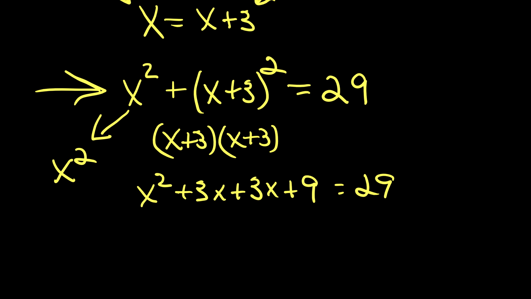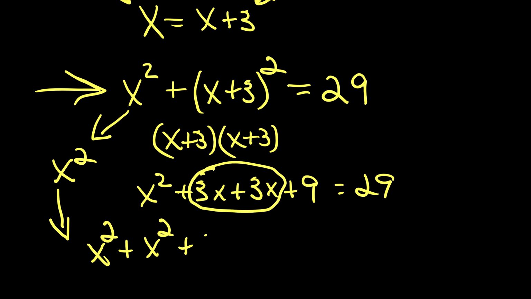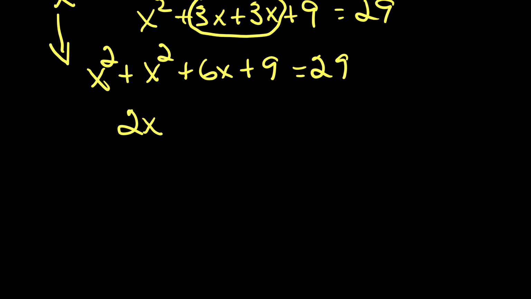Combine my like terms, and I'm going to have this x squared I'll bring down here, plus this x squared, plus 3x and 3x, well, that gives us 6x plus 9 equals 29. Combine my like terms up here, I'm going to have 2x squared plus 6x plus 9 equals 29.